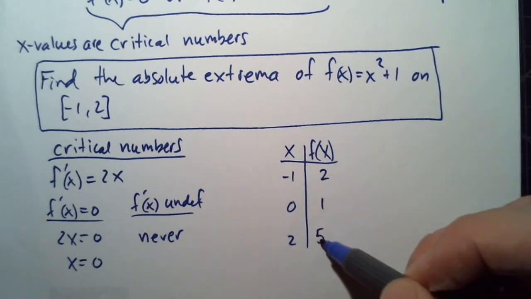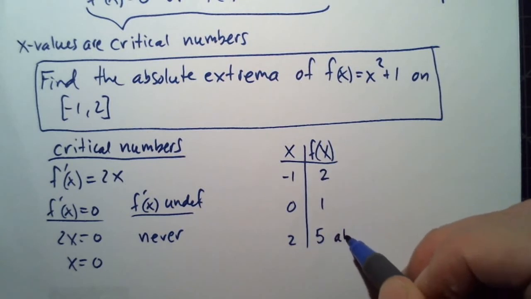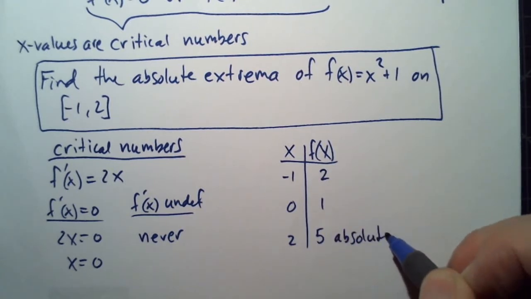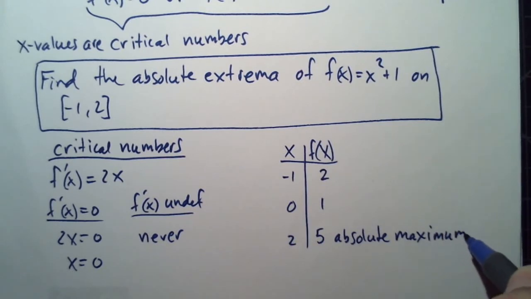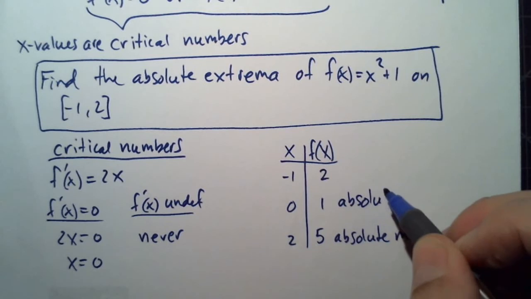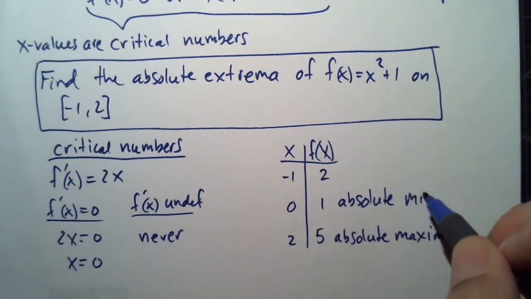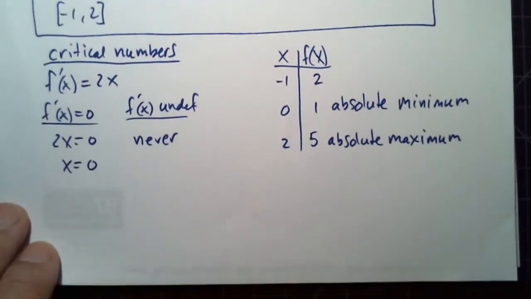So the highest y value is the absolute maximum. So that's this. The lowest y value is the lowest point on the graph on that interval. So let's see what that looks like.